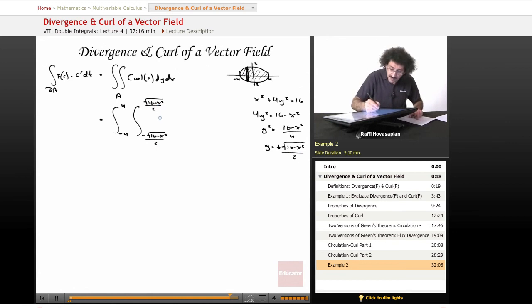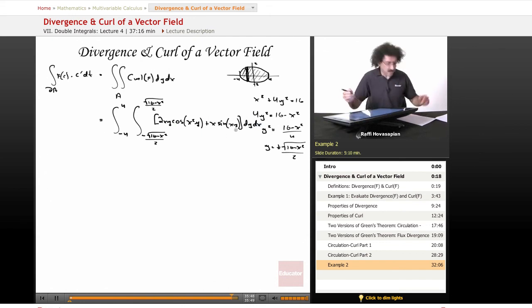And of course, I have my function here, which is the curl, 2xy times the cosine of x squared y plus x times sine xy, times dy dx. And then when I end up putting this into my mathematical software, I get 0.